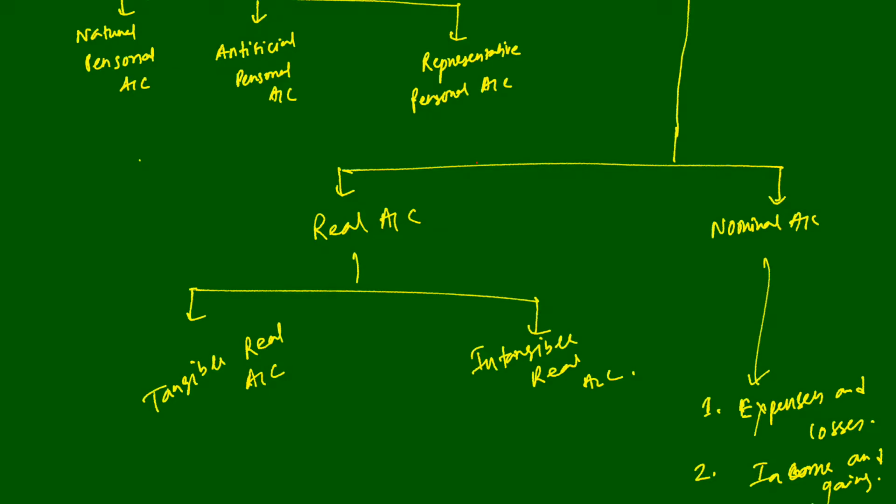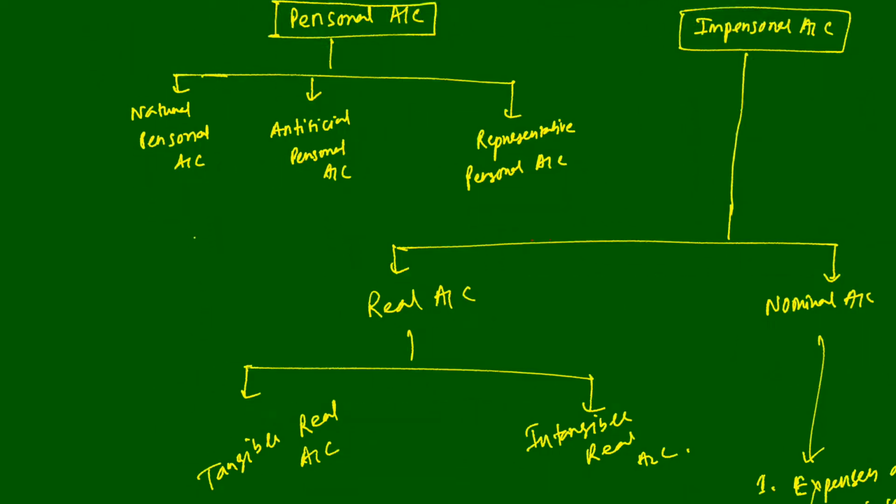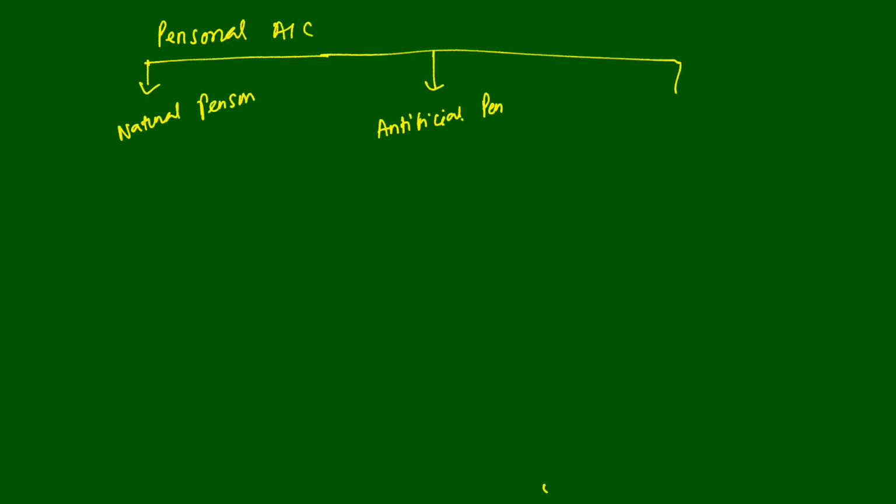I repeat from my previous slide that personal account has three major divisions: natural person, artificial person and representative personal account.